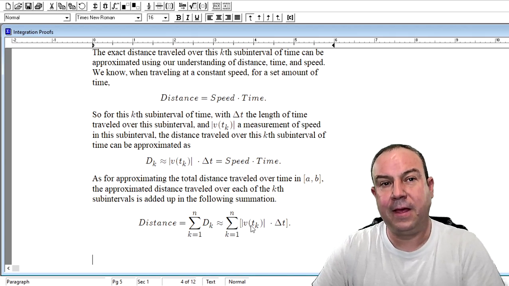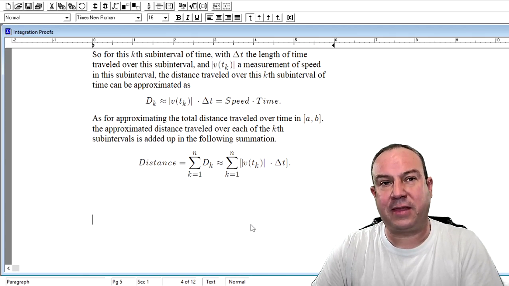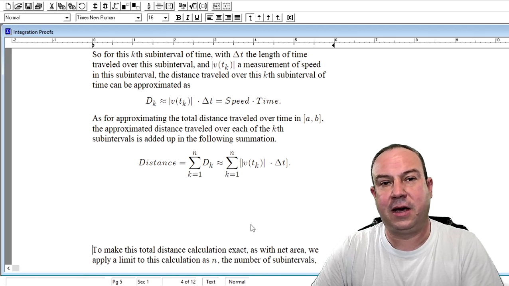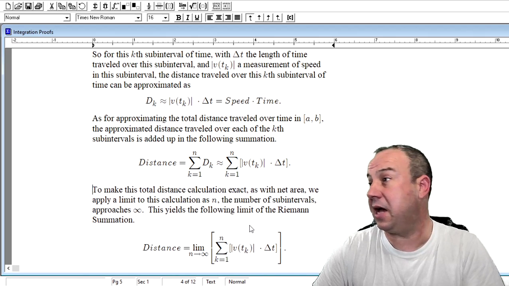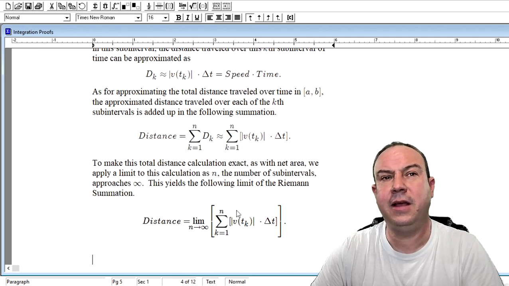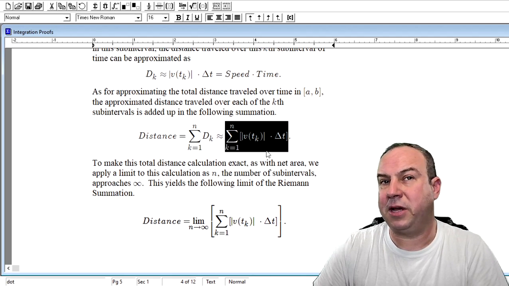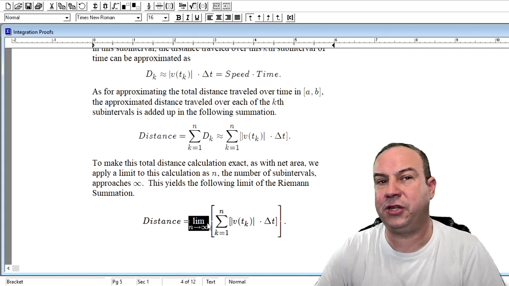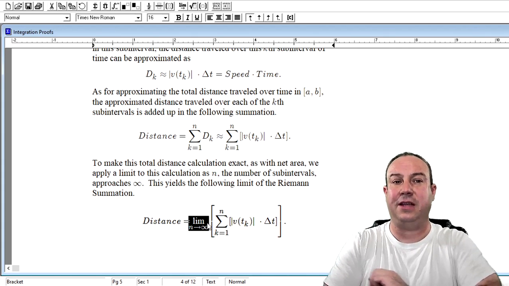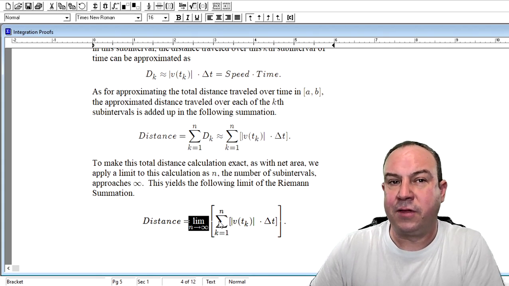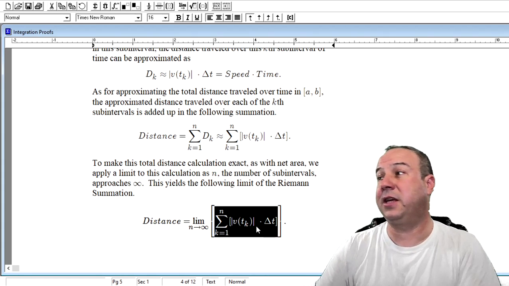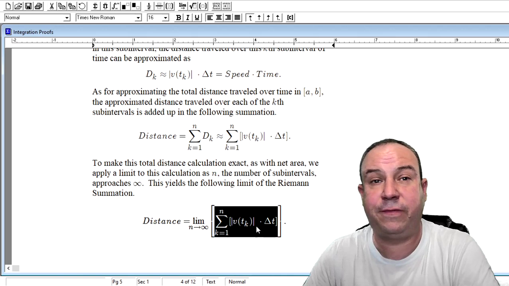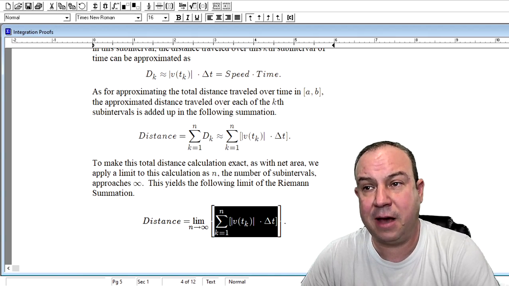All right? And then how do we make that exact? If you take note of what we did above, we apply a limit. To make this approximation exact, we apply a limit as n heads to infinity to that approximation. And the distance traveled then is equal to the limit as n heads to infinity for this approximate calculation. And again, all of this should look very familiar to what you see above.